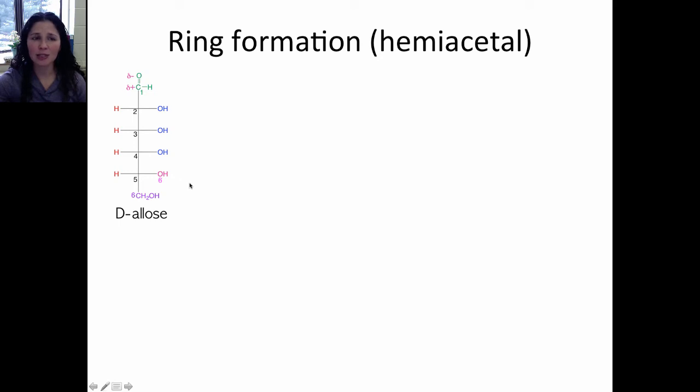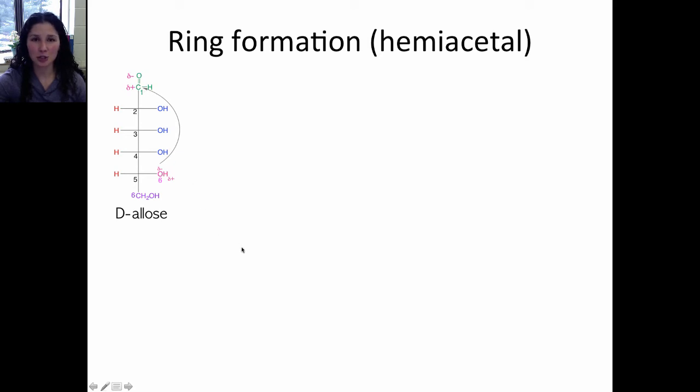So the carbon is going to be attracted to the partially negative oxygens on the structure. But it's particularly attracted to this oxygen because it is 6 positions away. And if these two things connect, it forms a 6-membered ring. 5 and 6-membered rings are particularly favorable, and aldoses usually form 6-membered rings. So what I'm going to do to form the ring is connect this oxygen to this carbon.